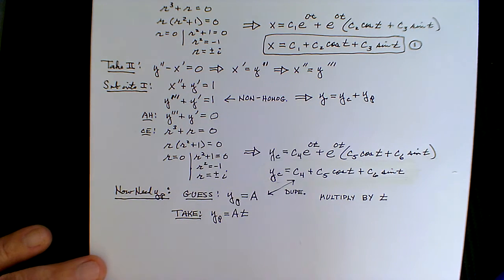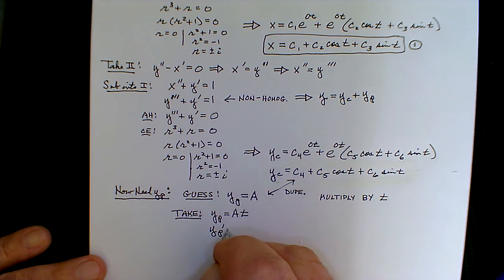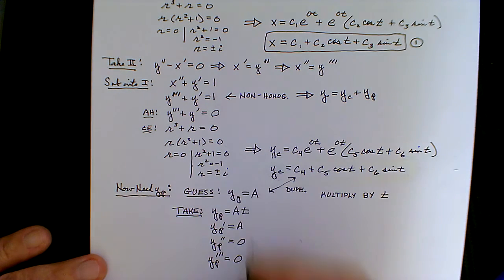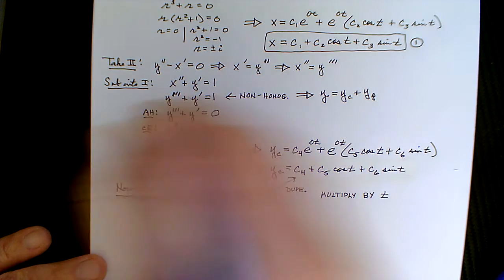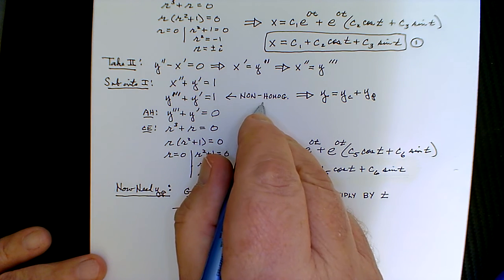Okay, so then at that point, to solve for A, we're going to have to calculate some derivatives. Y sub p prime is A, y sub p double prime would be 0, and y sub p triple prime would be 0 as well. And we're going to take these and substitute into the non-homogeneous differential equation up here.